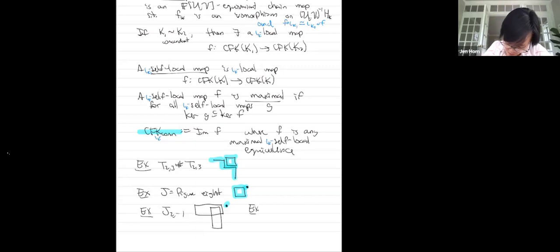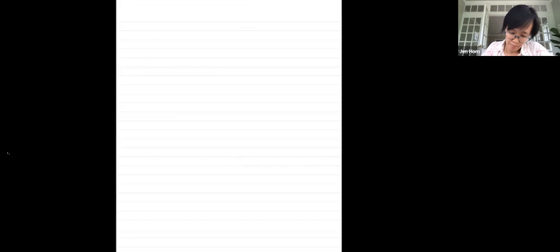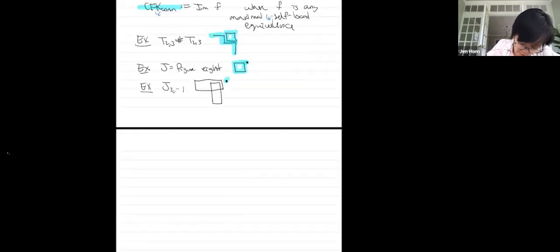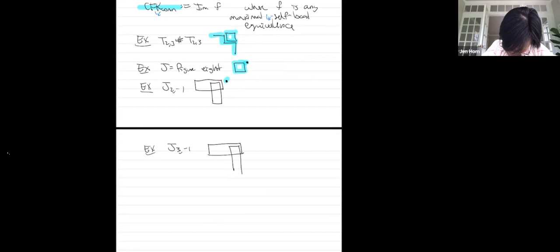And this is in contrast to what happens for the 3, -1 cable of the figure 8. For the 3, -1 cable, you get these two rectangles, then you get this other part here, and then the single generator here.